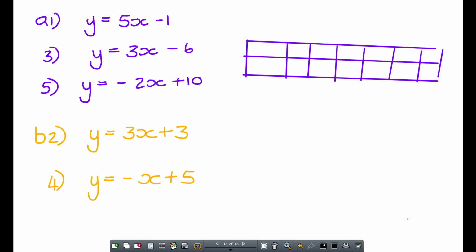Right, let's look at number 4. My input values or my x values and output values or the y values. Minus 3 and 8, minus 2 and 7, minus 1 and 6, 0 and 5, and 1 and 4.